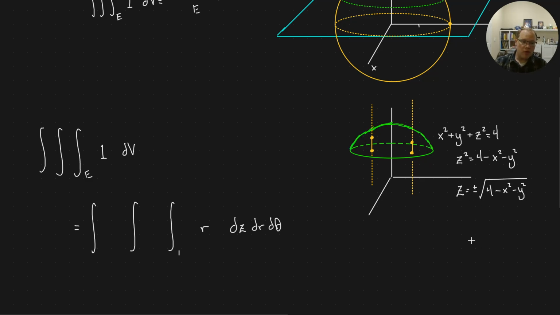Now I do have to do one more thing before I plug in. I'm still using my rectangular variables. I need to swap them for cylindrical variables, okay? Notice if I factor out the negative, the expression under the square root becomes 4 minus (x squared plus y squared). We get that x squared plus y squared that I said was so important. We can rewrite that as r squared.